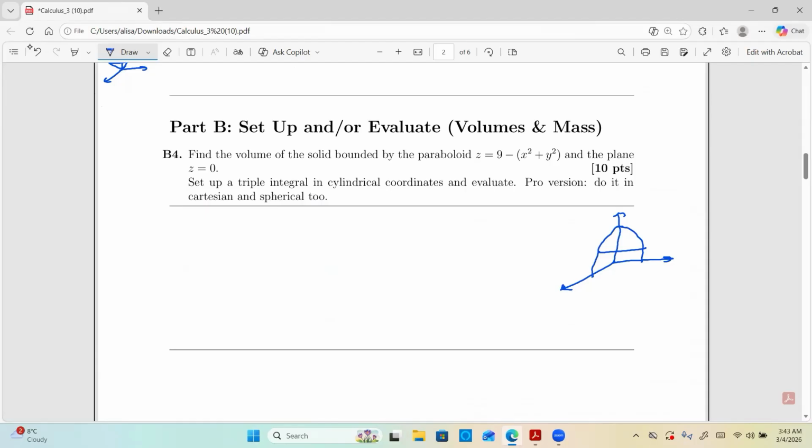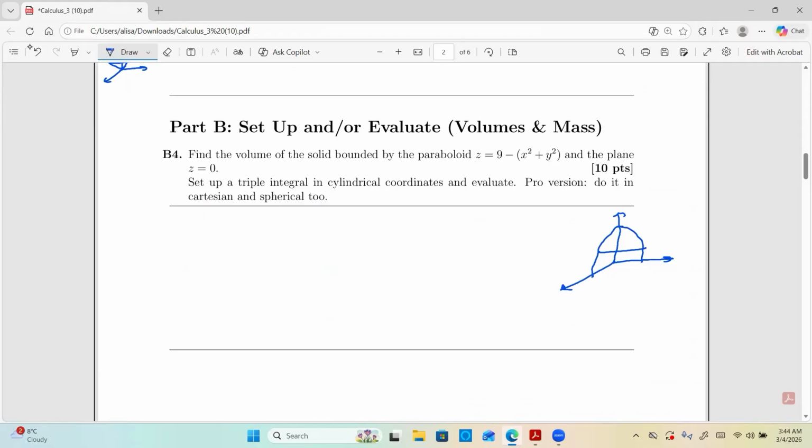That's clear because if I look at the equations defining the region, I see that I have x squared plus y squared, and I know that cylindrical is the 3D generalization of polar coordinates. So it makes sense to use cylindrical. If I were to see something like x squared plus y squared plus z squared, I would have used spherical coordinates.